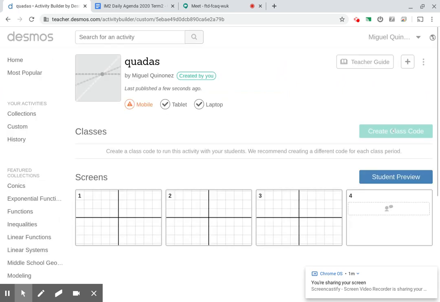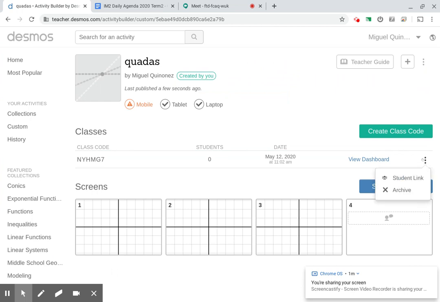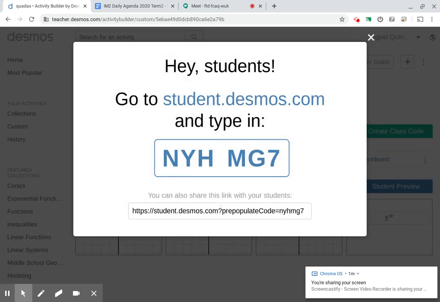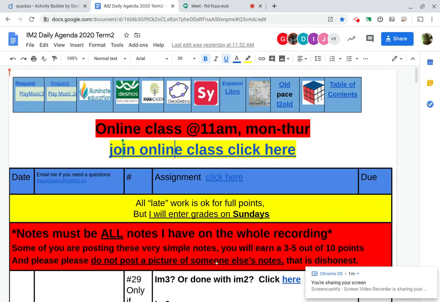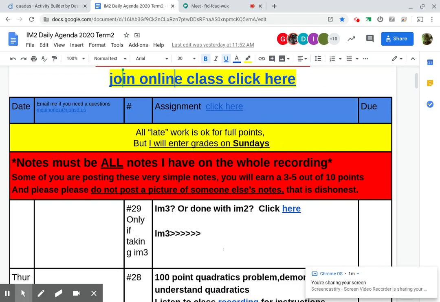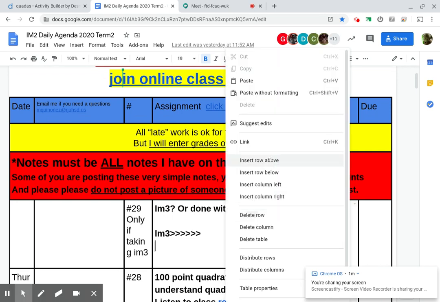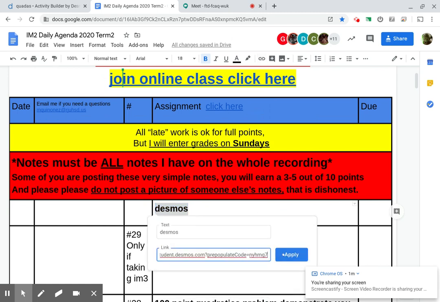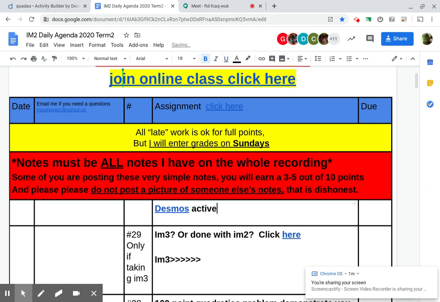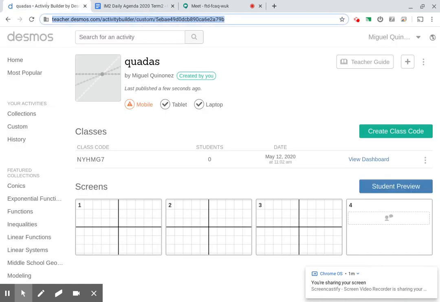Okay, create class code. So go to the pace, and I will put this in there right now. Desmos activity, and this will be like one of those things where I can see what you guys are up to. So go ahead and do that, please, and then I'll be able to work with you better.